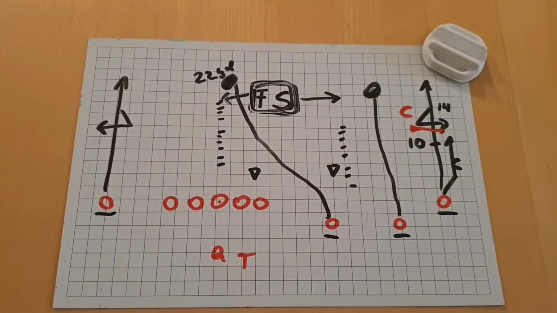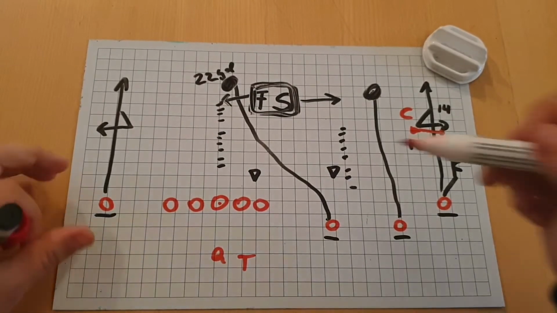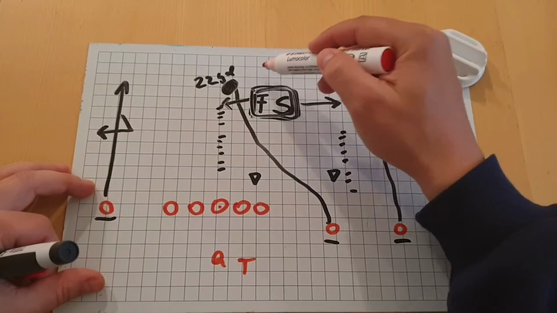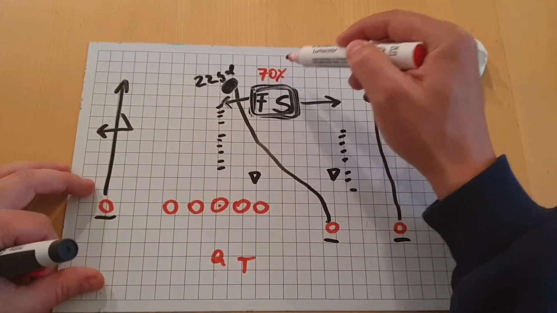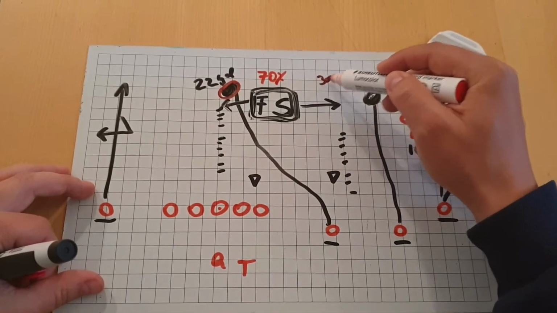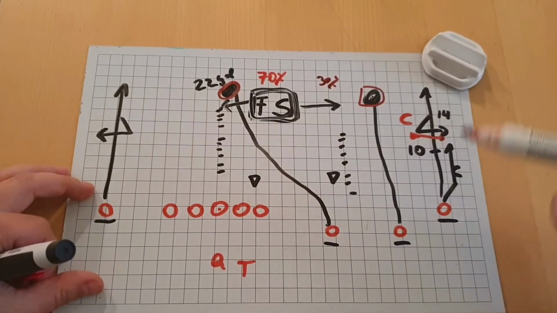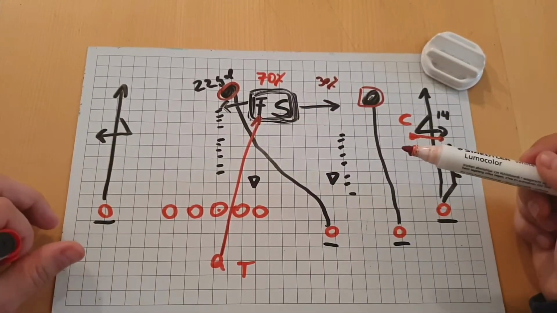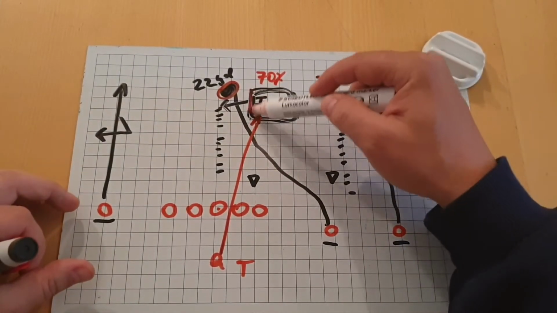Wherever this safety is, you want to freeze him with your eyes. So if this guy for me is considered actually that he's almost a 70% leaning towards this catch point and only 30% leaning towards this catch point, you would want to freeze this guy with your eyes if you just stare right at him and keep him here.